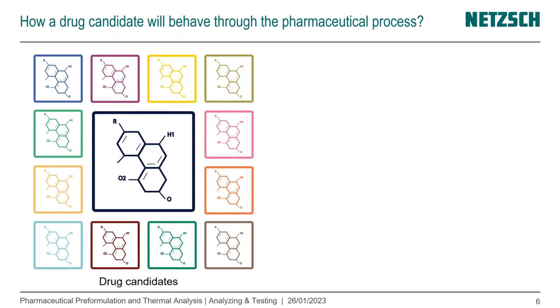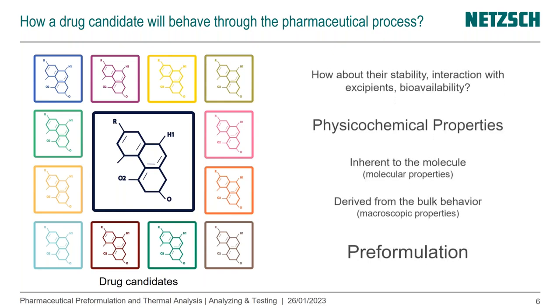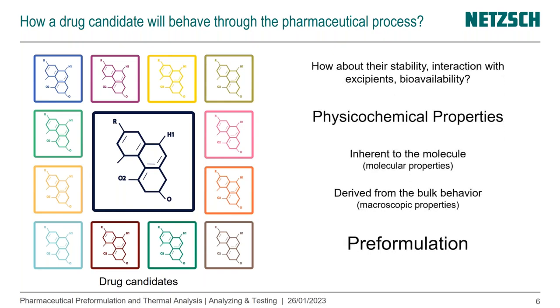In fact, the development of a new drug product starts with a dozen or more drug candidates, and only a few of them, if much, will become a pharmaceutical product. And for that, the physical-chemical properties of each drug candidate have to be investigated. How about their stability, interactions with excipients, and again, bioavailability?